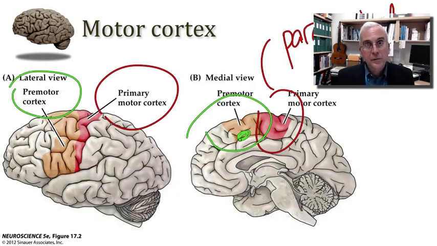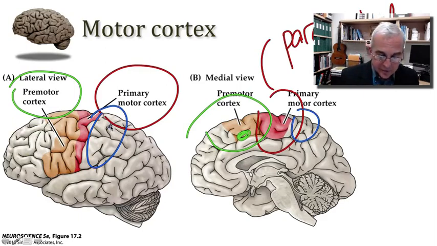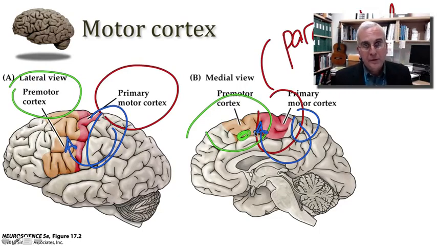In addition to input from the thalamus, these divisions of the motor cortex receive important projections from other parts of the cerebral cortex. And one important source of projection comes from the somatic sensory cortex, which sits just posterior to the central sulcus. There are projections from the somatic sensory cortex into this motor cortex, both the primary and the premotor areas.